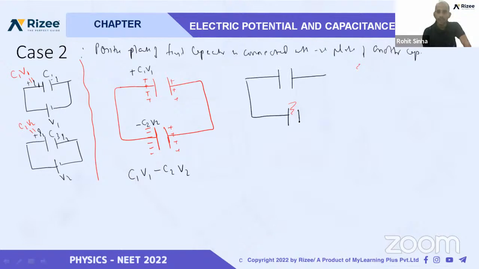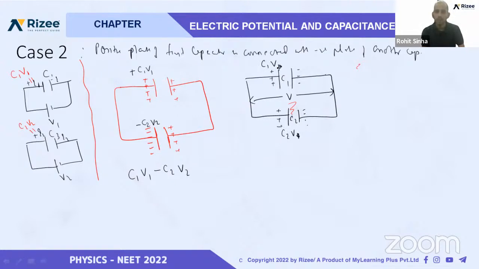Both of them will get the same potential. C1 here, C2 here. It will attain how much? C1 into V1, and here the charge will be C2 into V2.